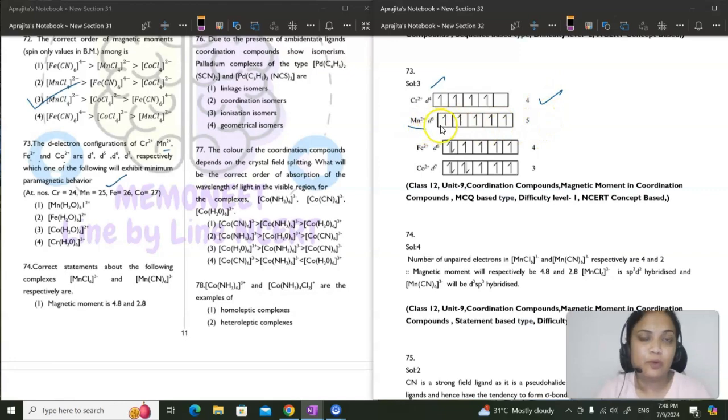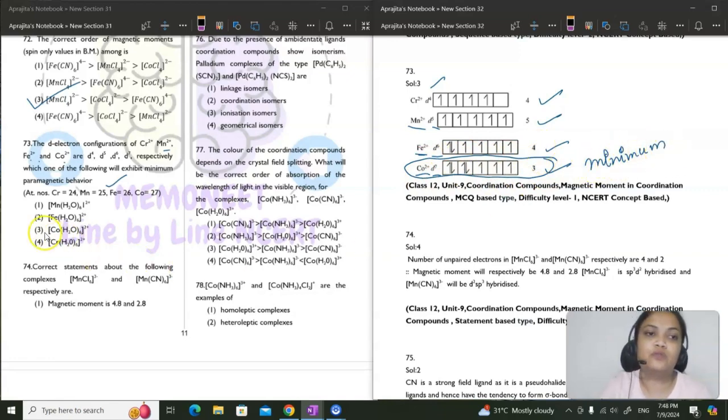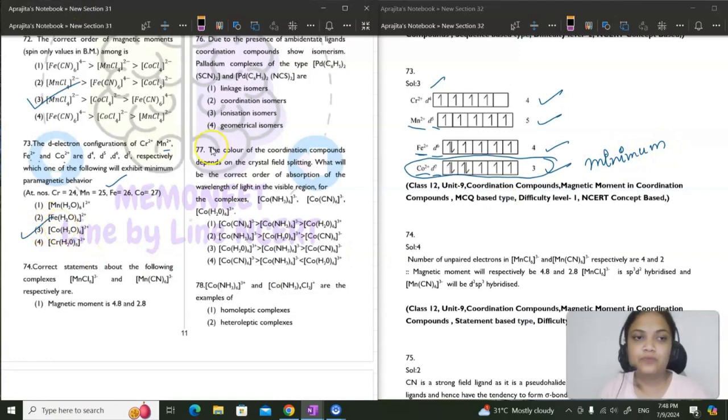Manganese 2+ is d5, 5 unpaired electrons. Fe2+ is d6, 4 unpaired electrons. Cobalt 2+ is d7, 3 unpaired electrons. So minimum paramagnetic behavior will be exhibited by cobalt because it has the minimum number of unpaired electrons. So the answer is going to be option number 3.